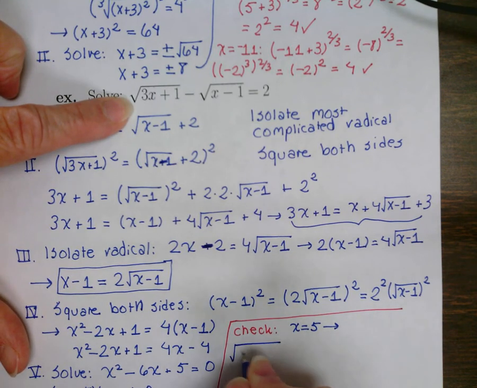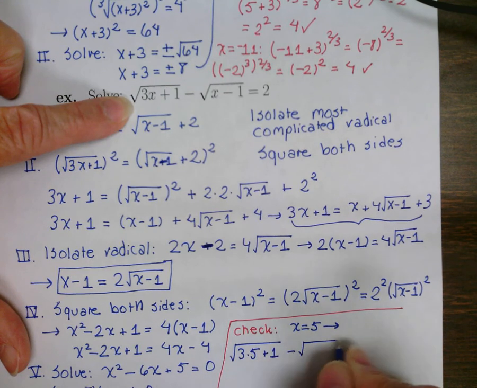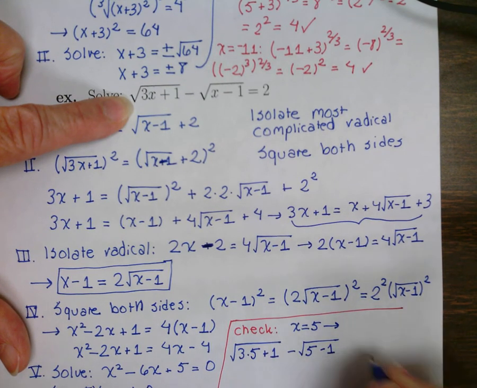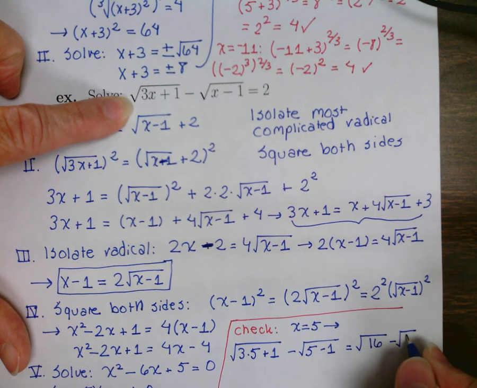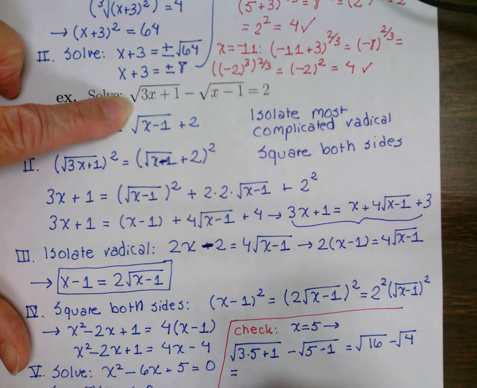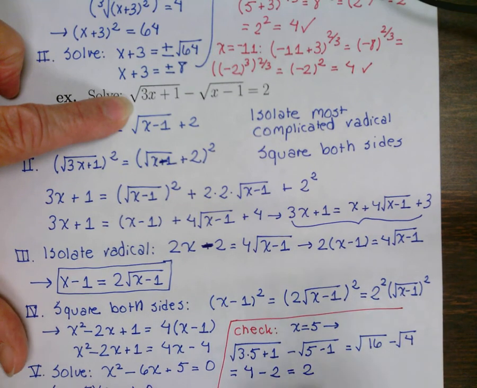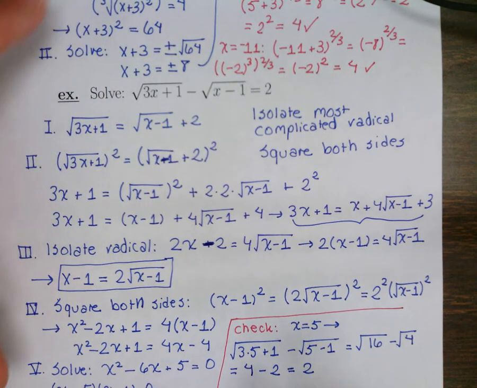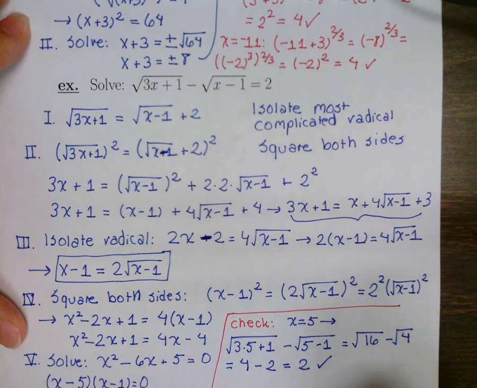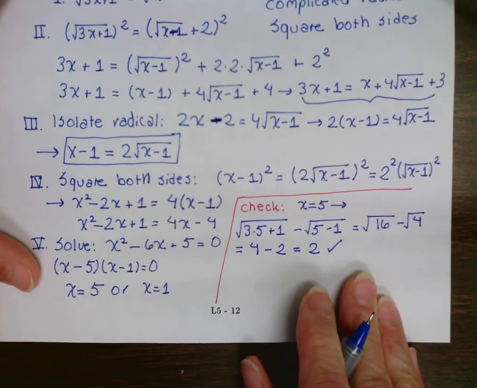The square root of 3 times 5 plus 1 minus the square root of 5 minus 1 is equal to the square root of 16 minus the square root of 4, which is equal to 4 minus 2, which is equal to 2, which is the right side of that equation. So that one works. Okay?